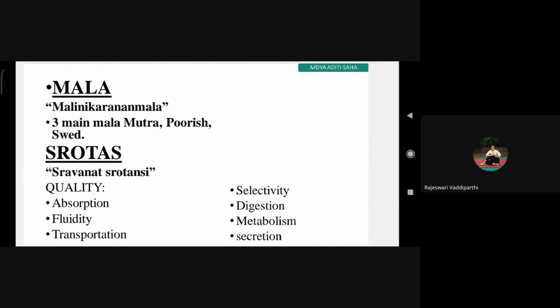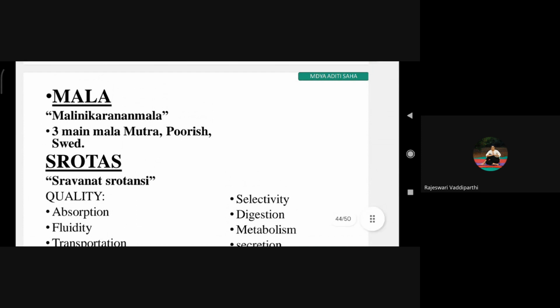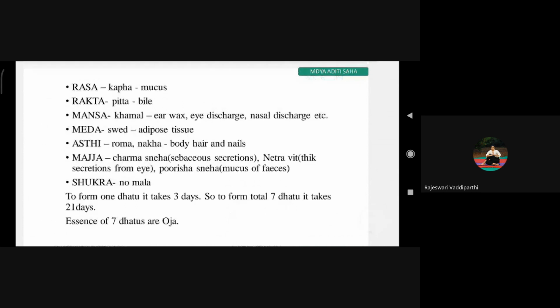You can understand the rigorous process of making it. Sukra is the last of all seven dhatus, and it is the essence of the rest of the six. So how small an amount of sukra we have in our body, and the essence of sukra is also oja.